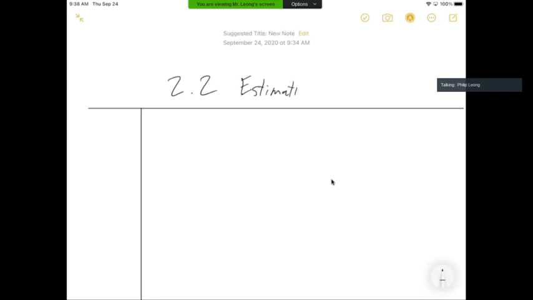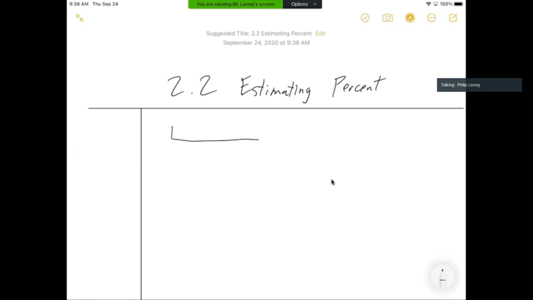And the key here is we're going to try and use a lot of mental math here. Okay, a lot of mental math. All right, so let's take, for example, okay, I want you guys to do this.